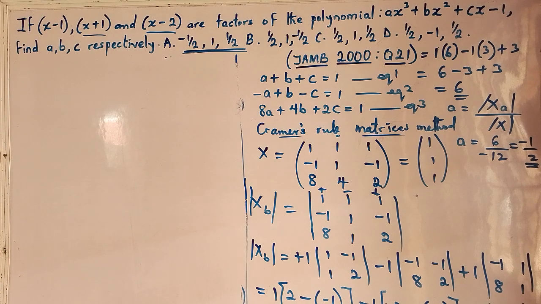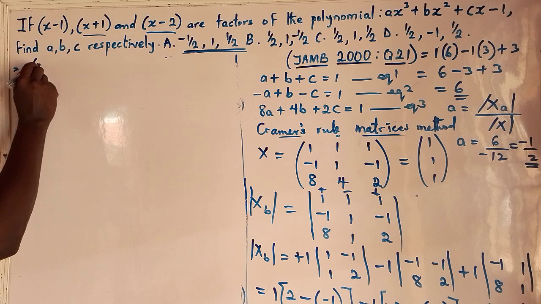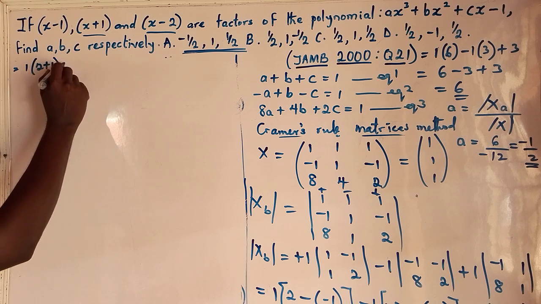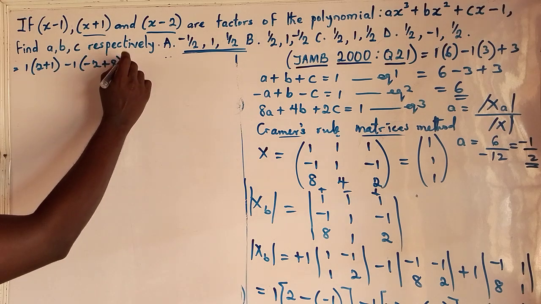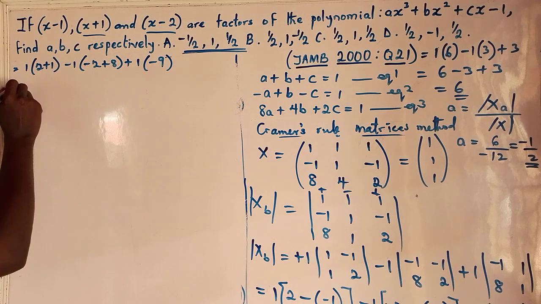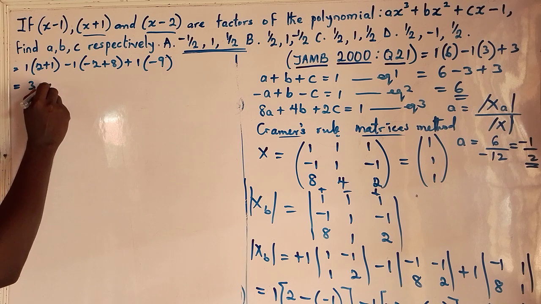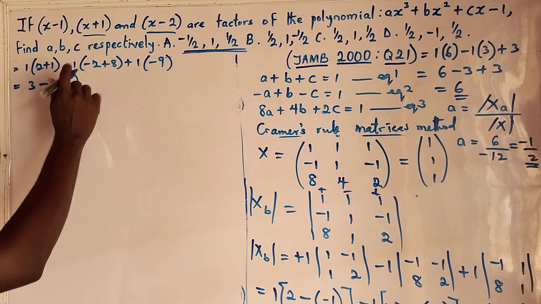So we have this: 1 open bracket 2 plus 1 close bracket, minus 1 open bracket minus 2 plus 8 close bracket, plus 1 open bracket minus 9. So we have this as 3 minus 1 open bracket 6 minus 9.